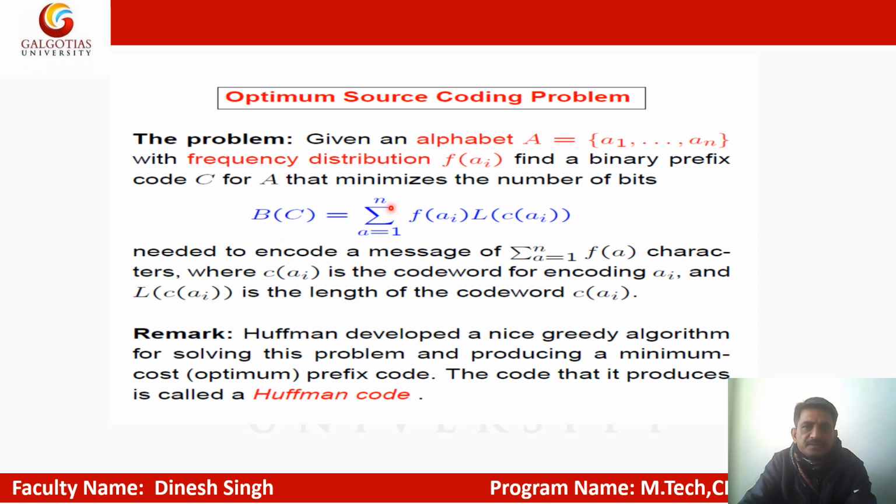B(C) is equal to the summation from i equals 1 to N of F(Ai) times L(C(Ai)), where F(Ai) is the frequency of occurrence, C(Ai) is the code word for encoding Ai, and L(C(Ai)) is the length of the code word. Huffman developed a nicely greedy algorithm for solving this problem and producing a minimum cost optimum prefix code. The code that it produces is called Huffman code.